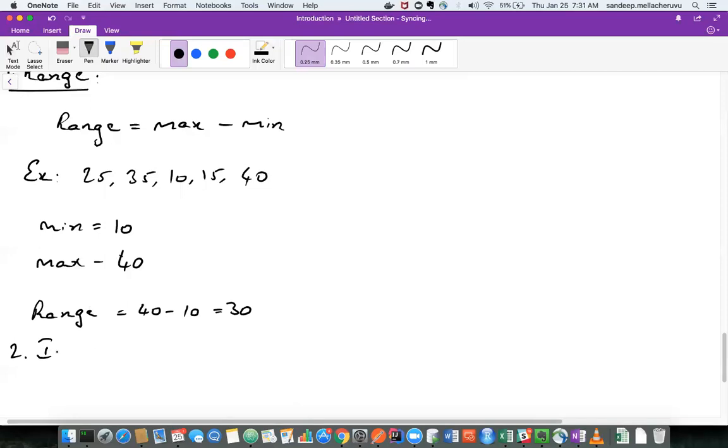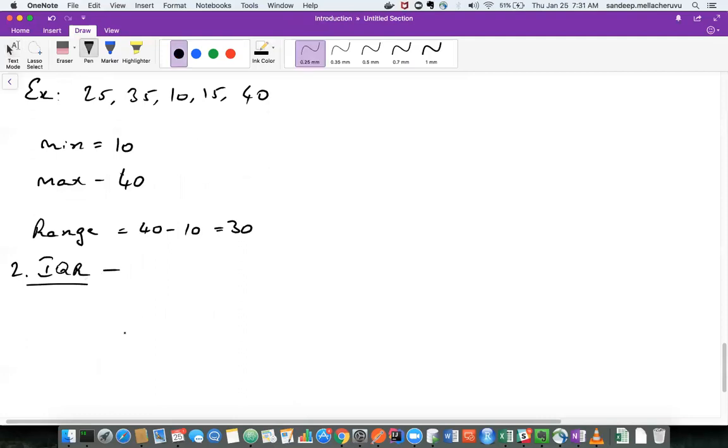The second thing is IQR, which we already talked about yesterday. It is the interquartile range, and the formula for this is Q3 minus Q1.